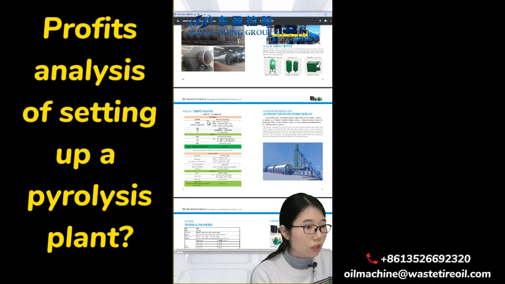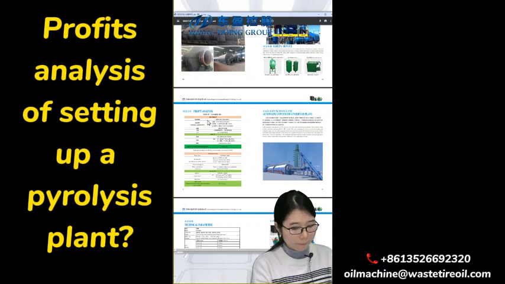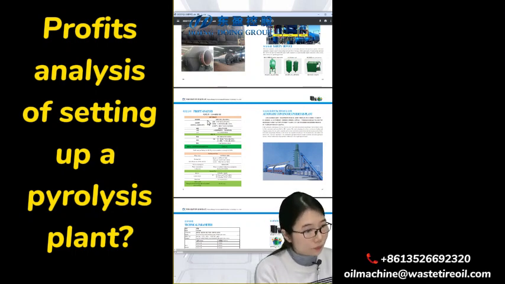You also need 2 to 3 workers to control the whole plant. If you need 3 workers, each worker will cost you 200 Chinese yuan, so per day will be 600 Chinese yuan.